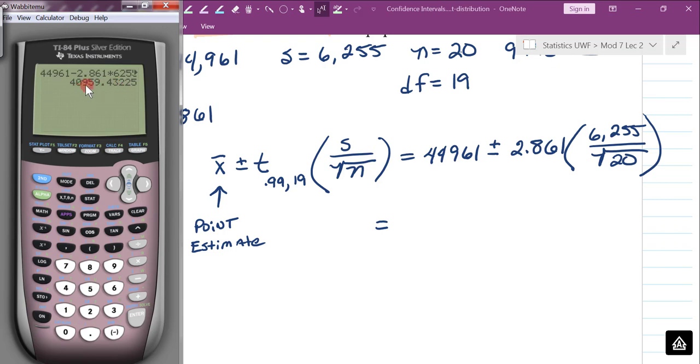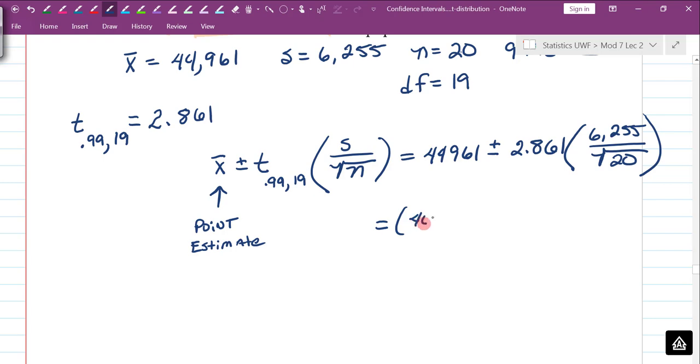It's going to be $40,959.43. So this right here is our lower bound.